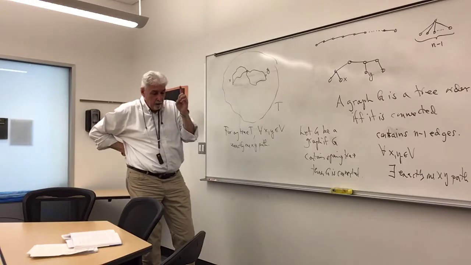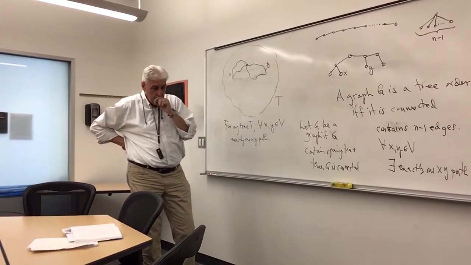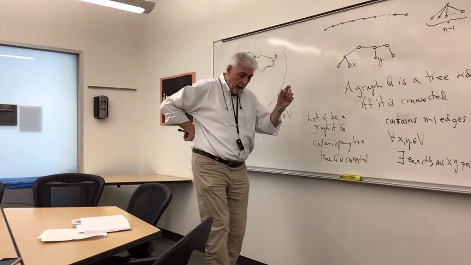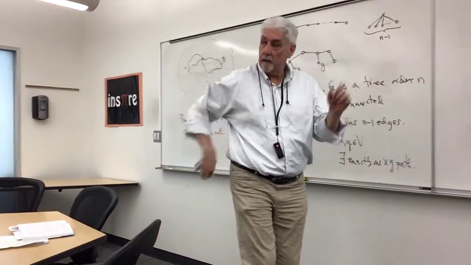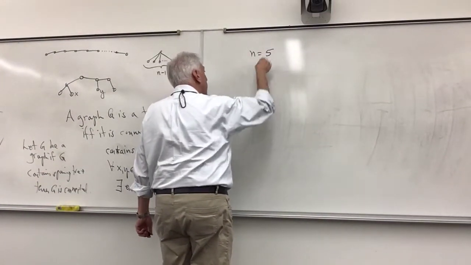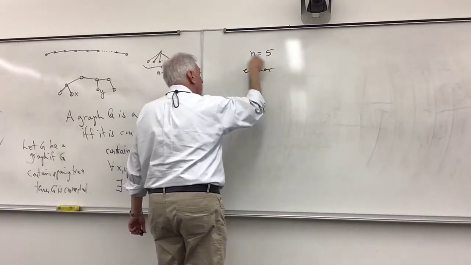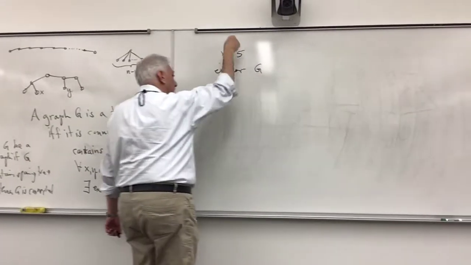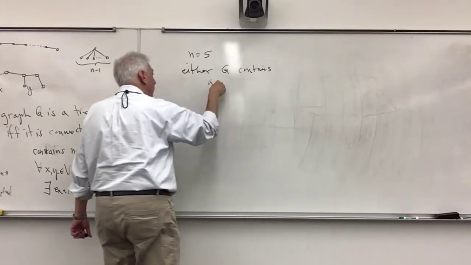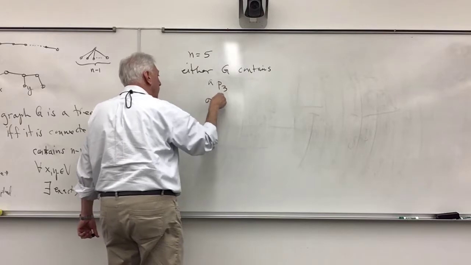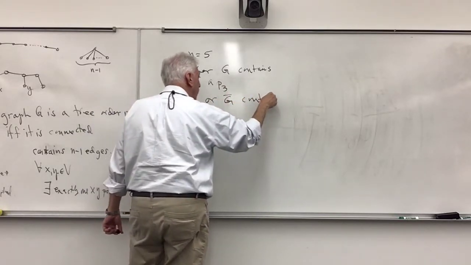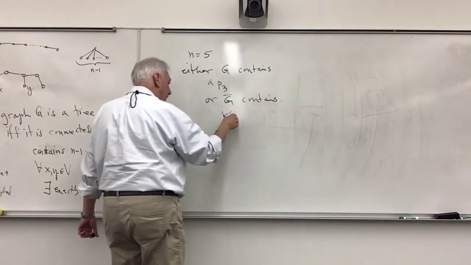Show that in every graph of order 5, so let n be 5, either G contains a P3, or G complement contains a K3, a C3 which is a K3.